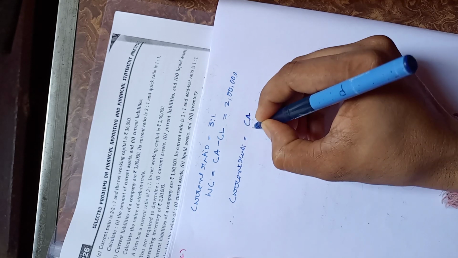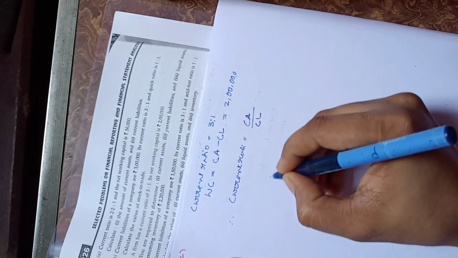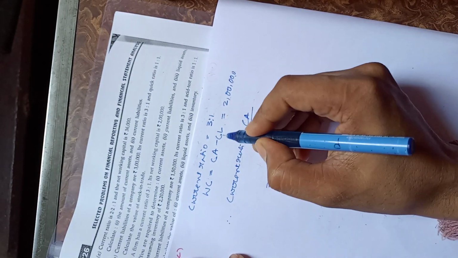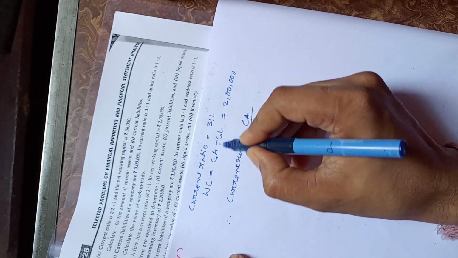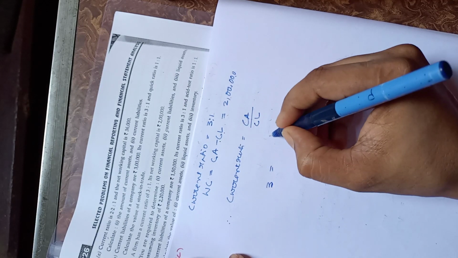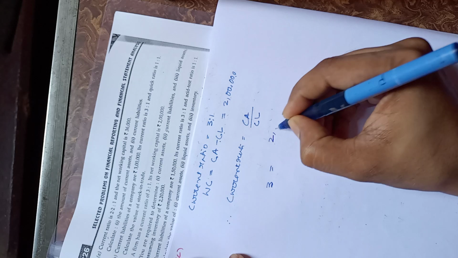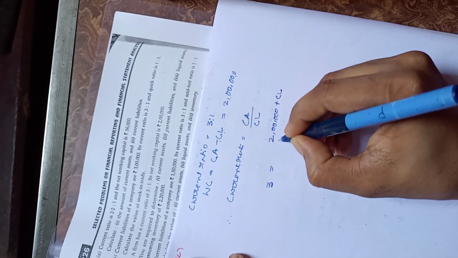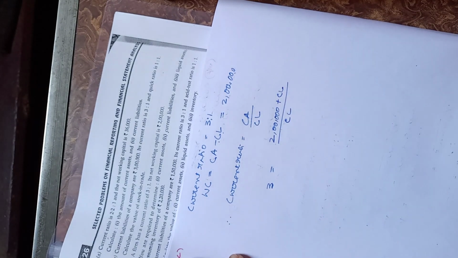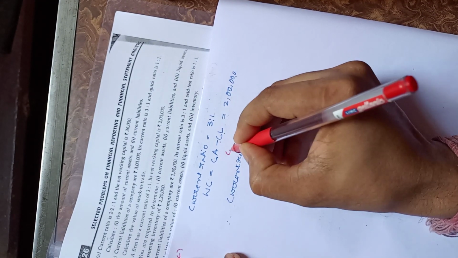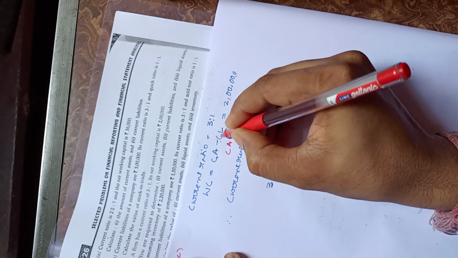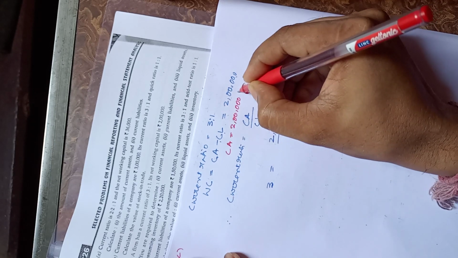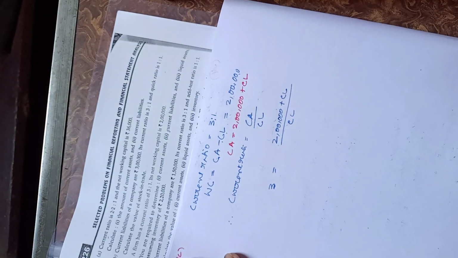is equal to current assets by current liabilities. Now 3 is equal to, what is the value of the current assets? CA minus CL equals 2 lakhs. So current assets is equal to 2 lakh plus CL, by CL. Here CA is equal to 2 lakh plus CL.